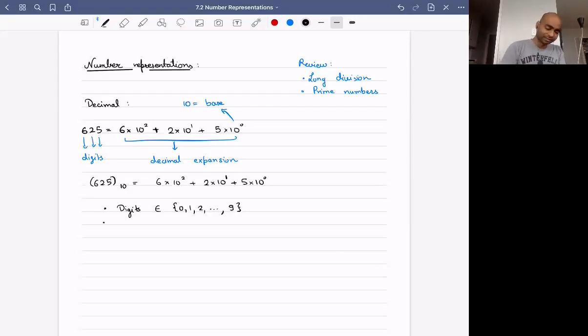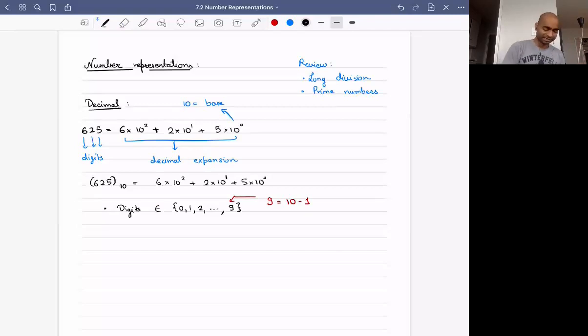Why 9? Notice that 9 is 10 minus 1. So we go all the way up to base minus 1. That's all we need; this is what the decimal expansion represents.